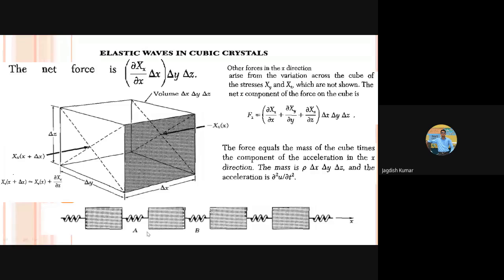These springs represent the tendency of the crystal to go back to its original shape when it is strained. So we will be writing down the equation of motion for such a small volume element, and by solving it, we can find out how elastic waves will propagate in such crystals.